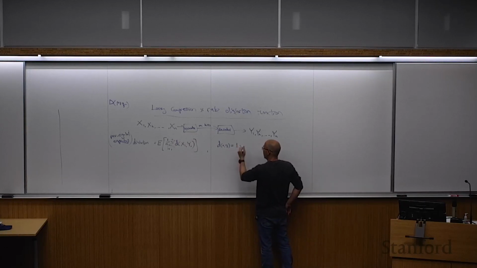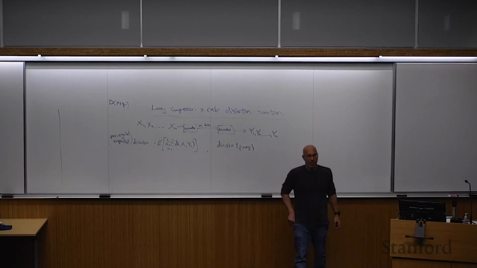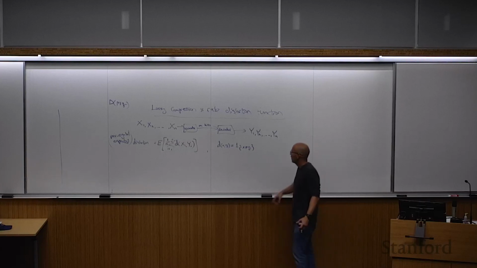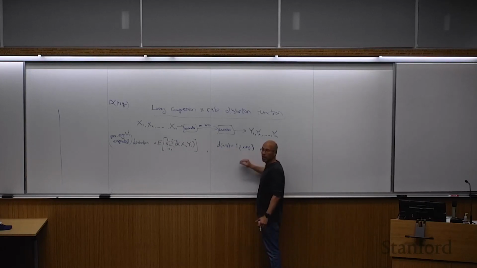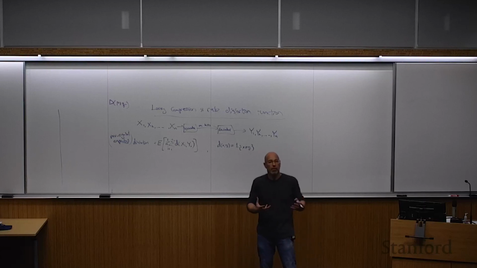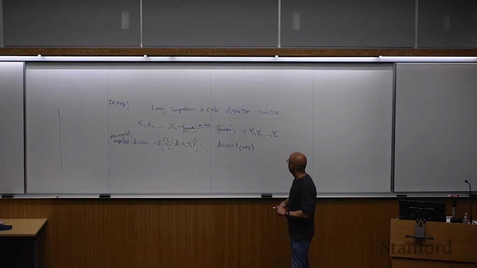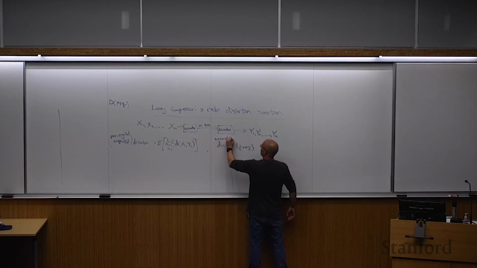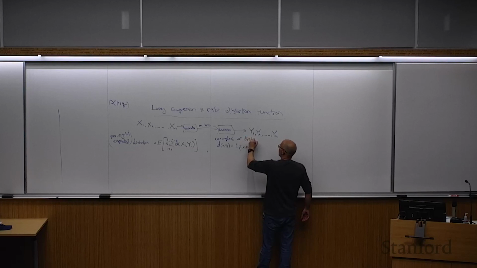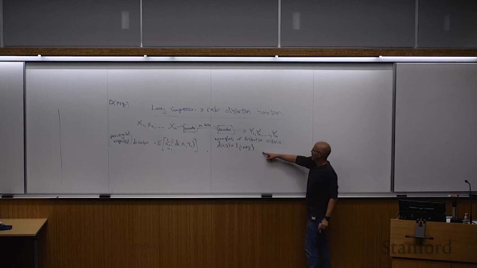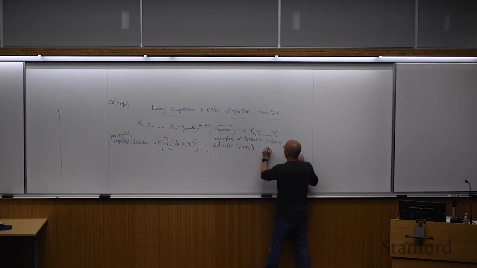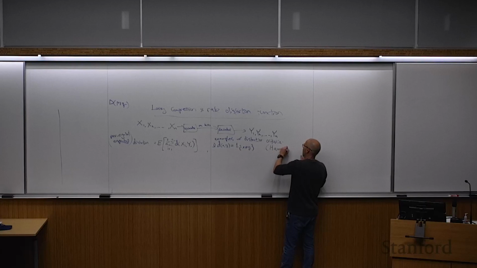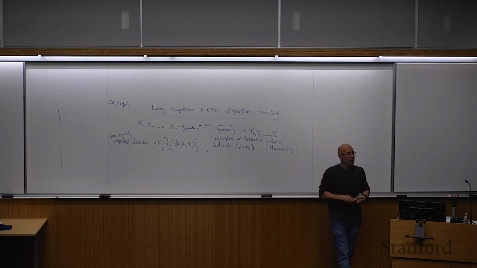So it's an indicator: if the reconstruction symbol is equal to the original symbol, then there's zero loss, and otherwise we count it as a loss. So this is called Hamming distortion.